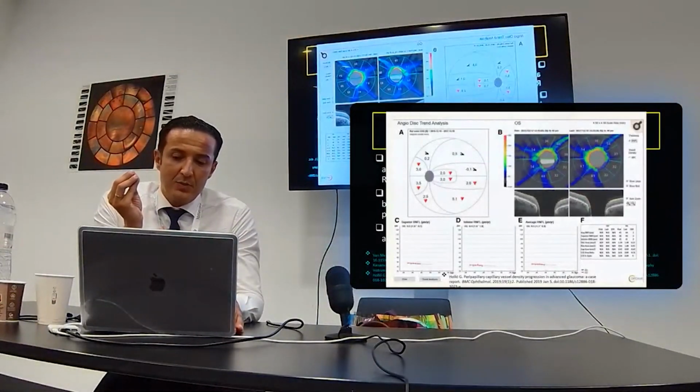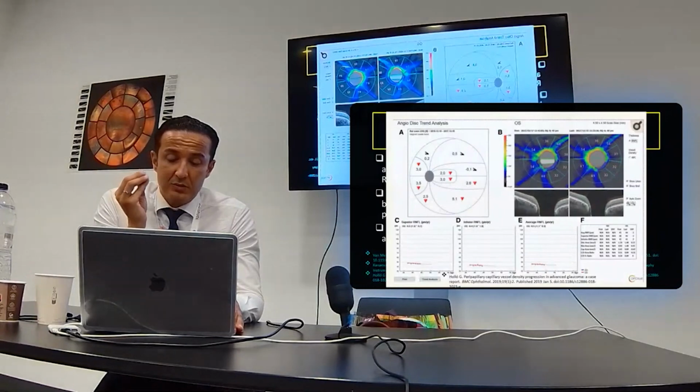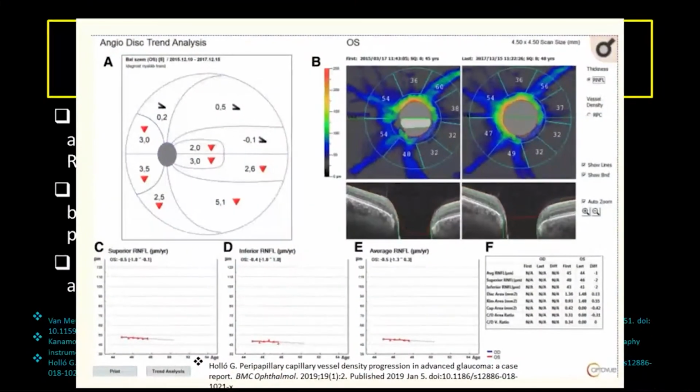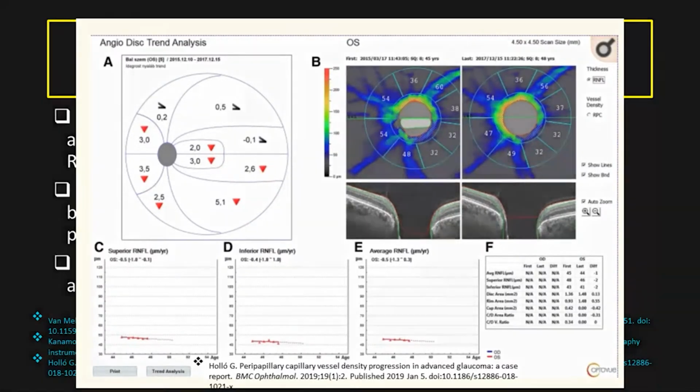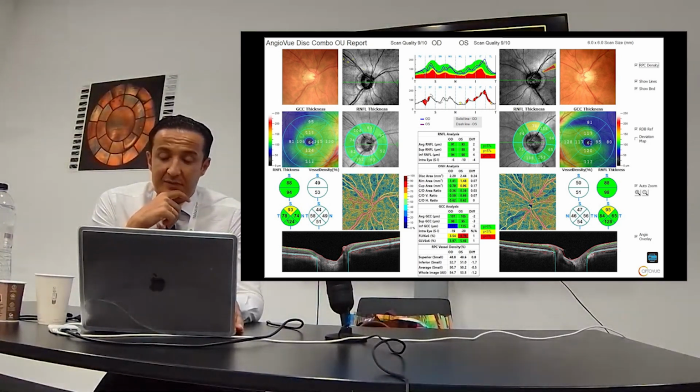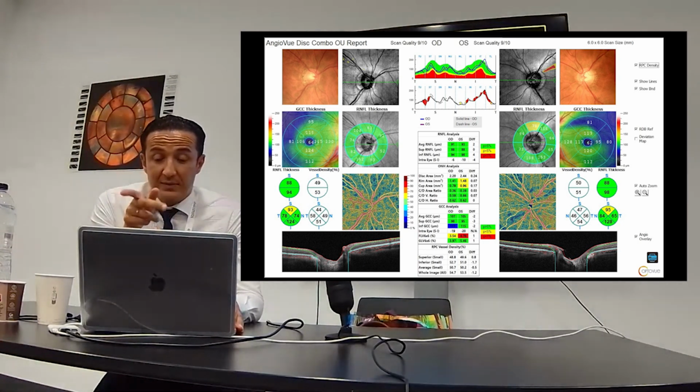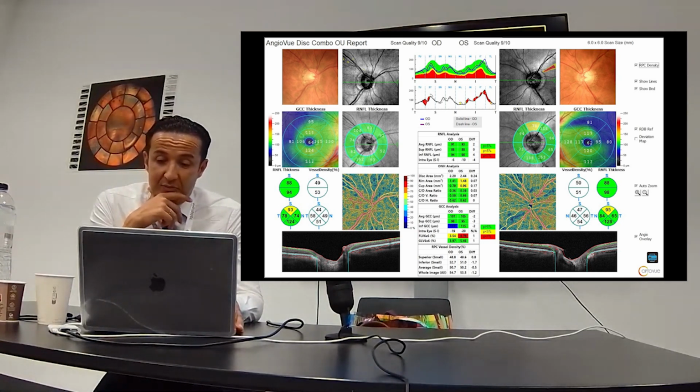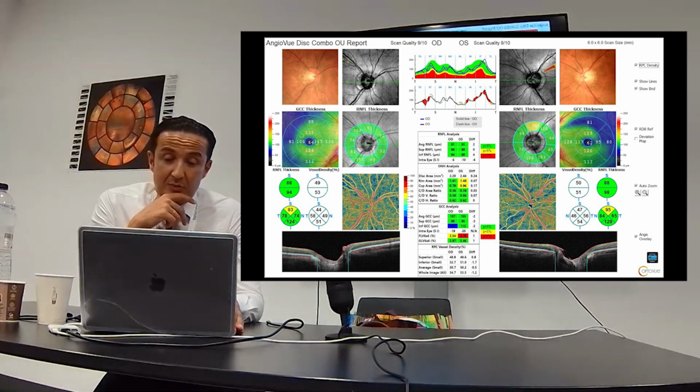And look here, this is a publication of Gabor Holló in a very advanced stage of glaucoma. And he compared the evolution with OCT angiography associated with the visual field evolution in this kind of patient. And it's the first time we have in one report the structural OCT and functional OCT. Here we observe GCC thinning with the beginning of thinning of RNFL compared with OCT angiography.